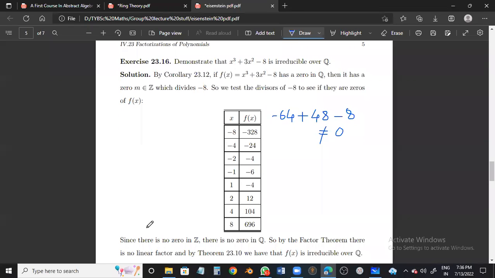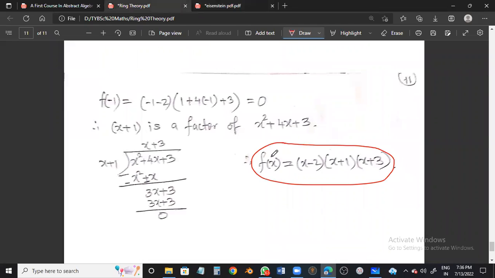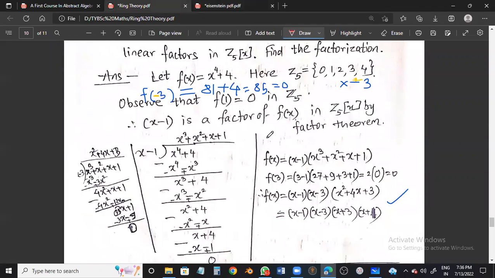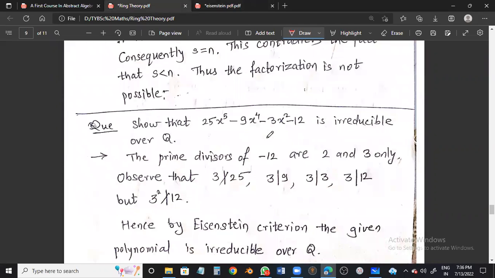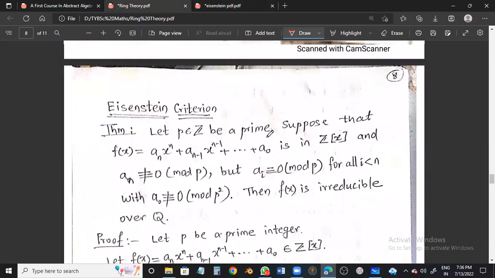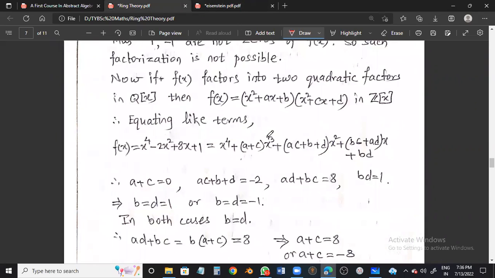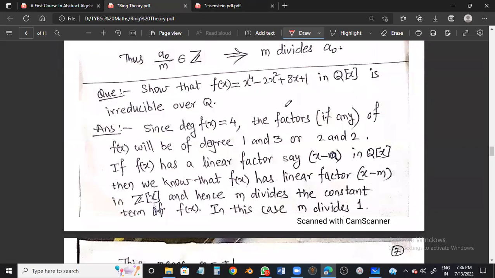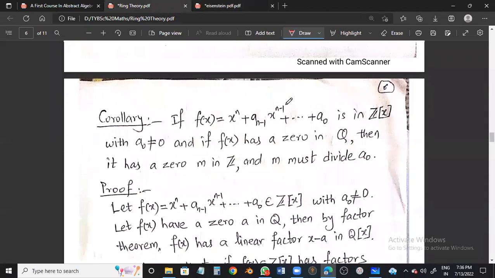Ma'am, only with the divisors of the constant term? Yes, only the constant term. Why? Here we have dealt with it. You know this better. This is the theorem that we always apply.